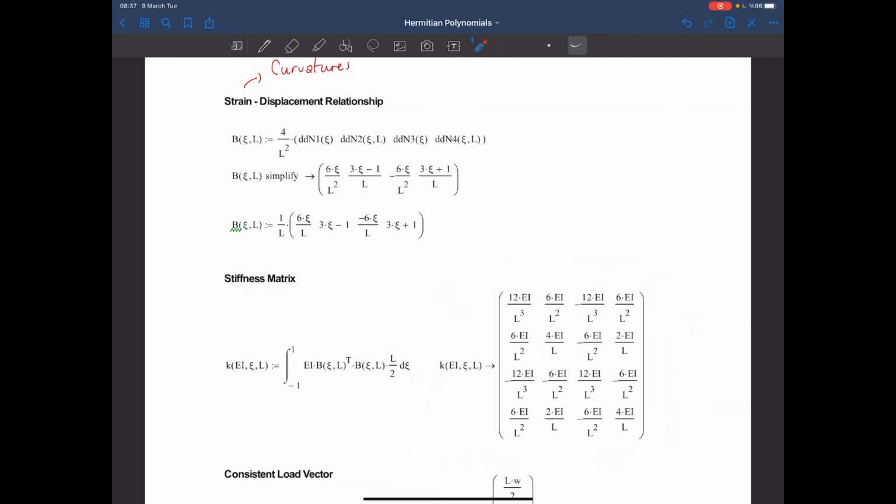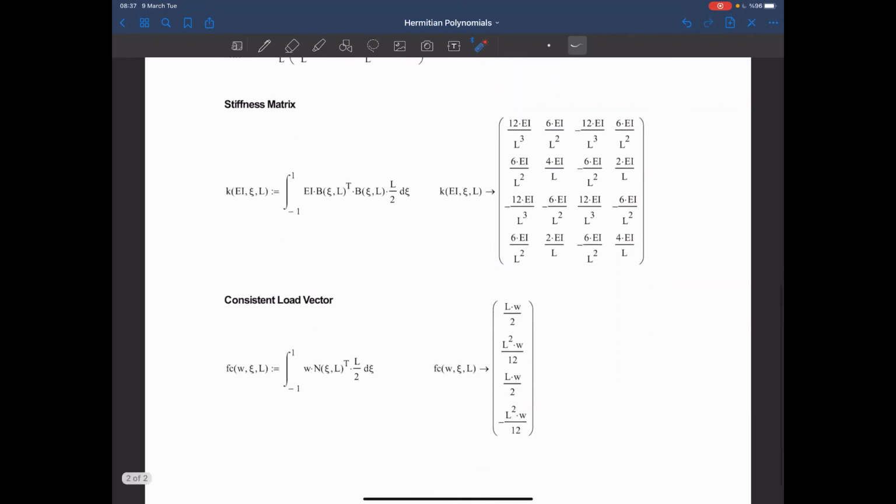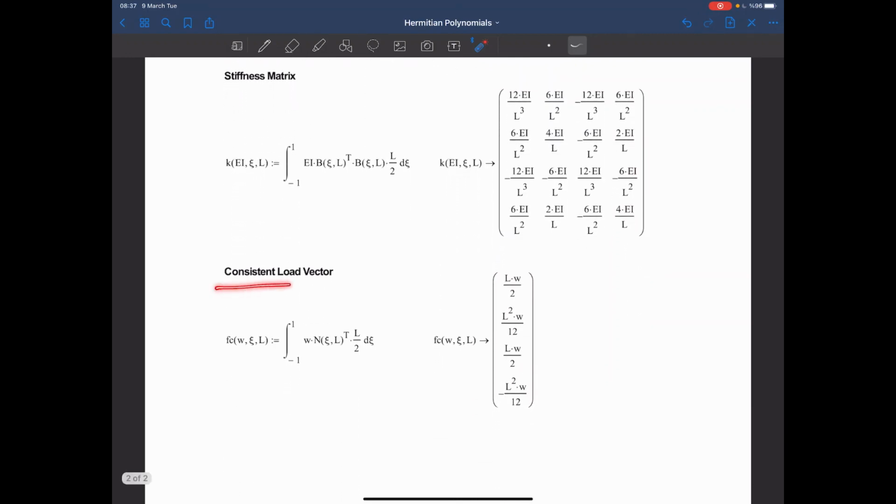So basically, if your trial function is capable of representing the deformed shape within two nodes, then you will get the exact deformed shape. If there's some level of approximation in these shape functions, then of course you will get a different stiffness matrix here. And I also calculated the consistent load vector.